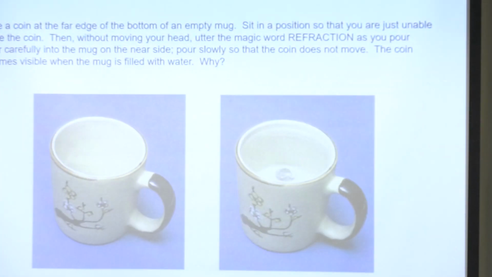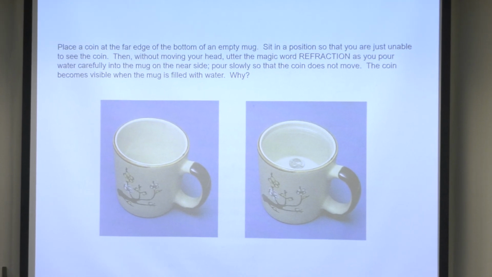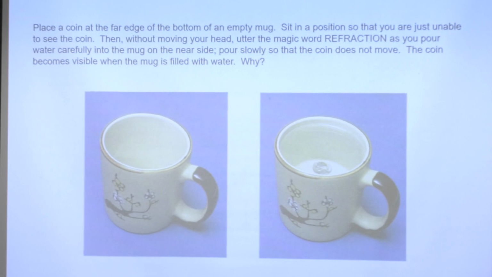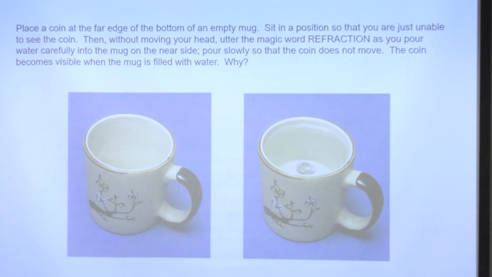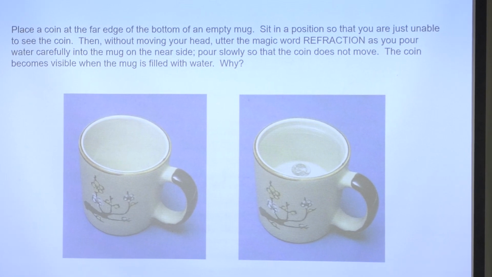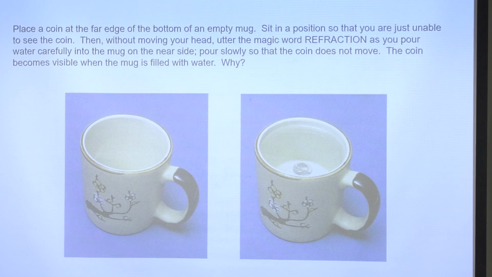Ah, I forgot to bring a mug. Sorry, I didn't bring this. So this is something you can do at home, and it's fun. You should really do this. Place a coin at the far edge of the bottom of the empty mug. Sit in a position so that you are just unable to see the coin.